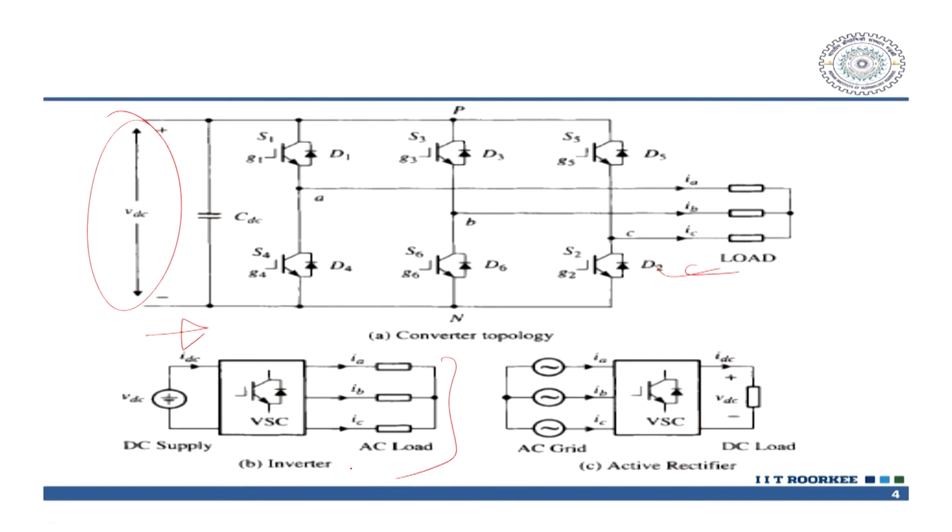And what happens when your grid is off, generally it is there when your grid is off. When your grid is on, then you may be charging the battery. This then becomes a load, and ultimately you are required to take power at unity power factor.